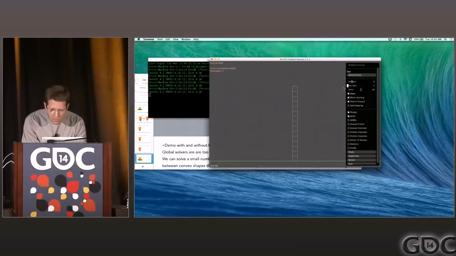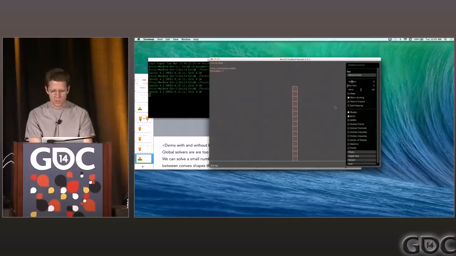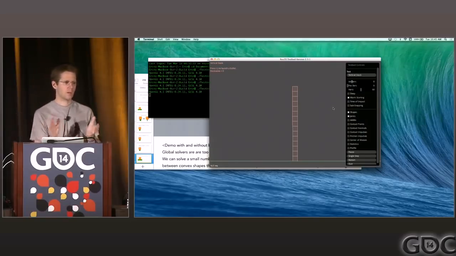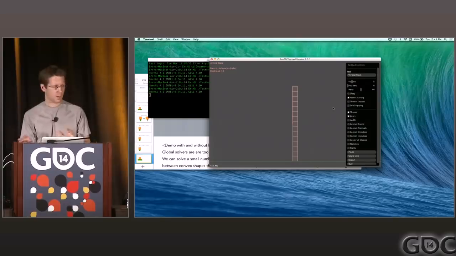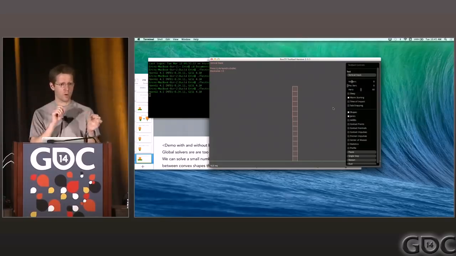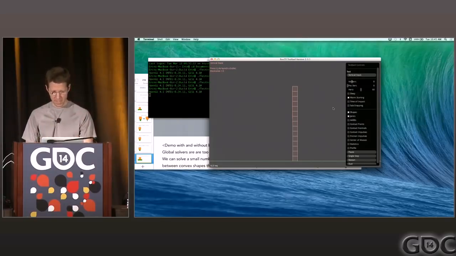I'm going to turn off the position solver, sleep, continuous. Okay, so I have it set up so that I can turn on and off the block solver. So now I just turned it off, and we only solve one contact point at a time for this stack of boxes.